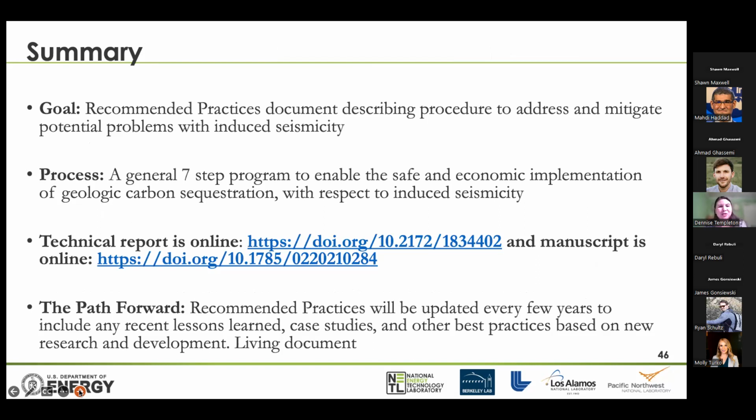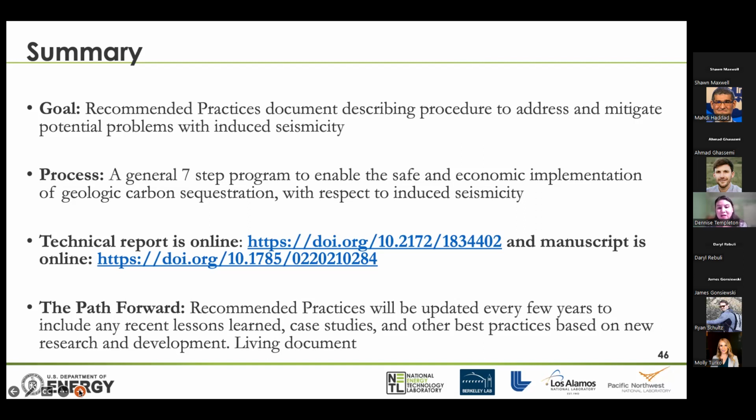So in summary, we're talking about developing a set of recommended practices to address and mitigate potential problems with induced seismicity. We describe a general 7-step program to enable the safe and economic implementation of geologic carbon sequestration with induced seismicity. These are based on a set of science-based recommendations based on literature and expert input.